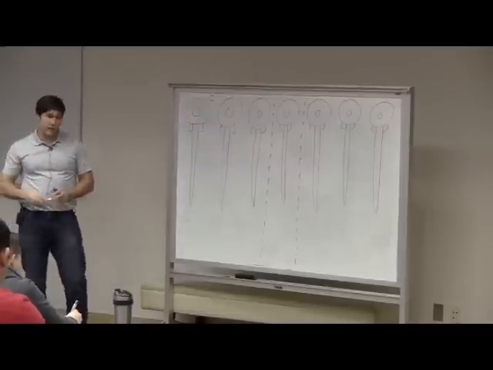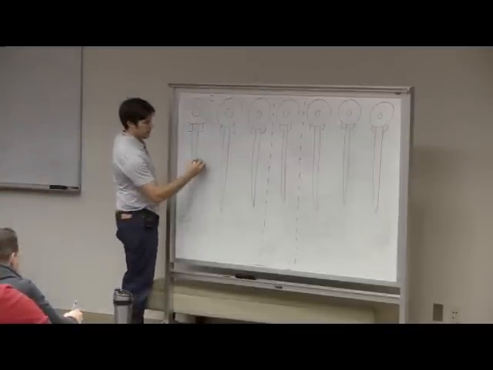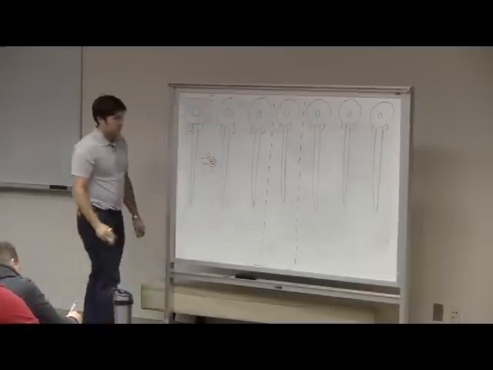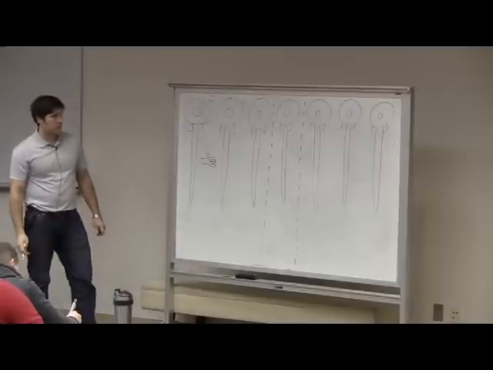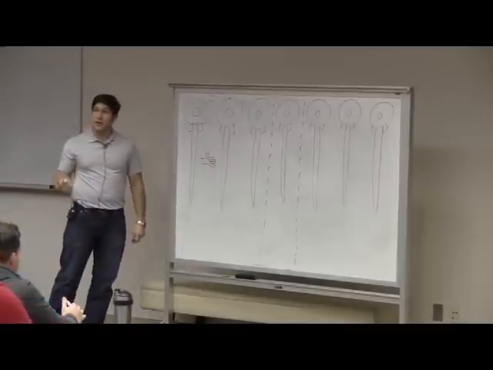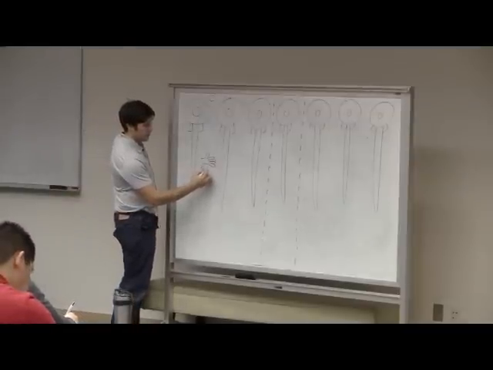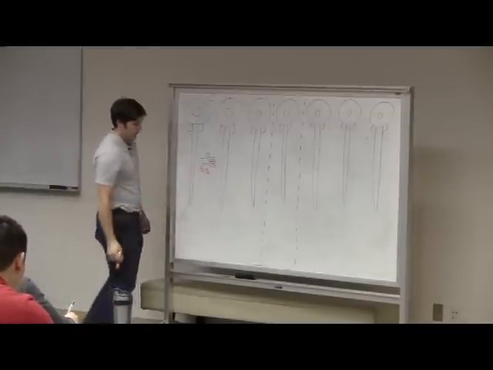On the cuneatus side, I draw a hand. That helps me remember that the cuneatus tract does not exist below the T5, T6 level.